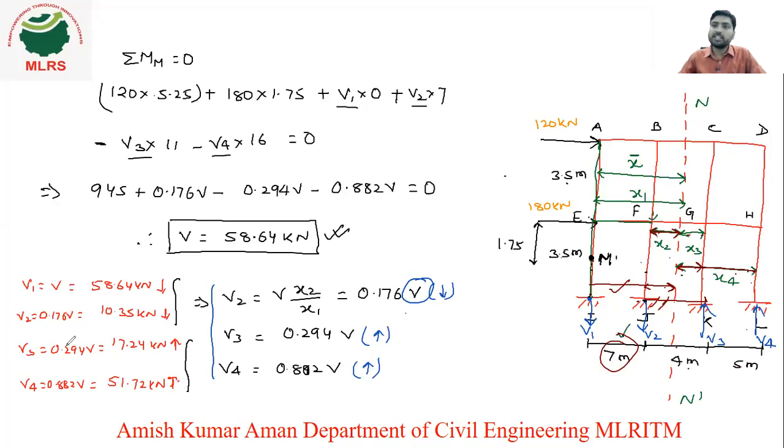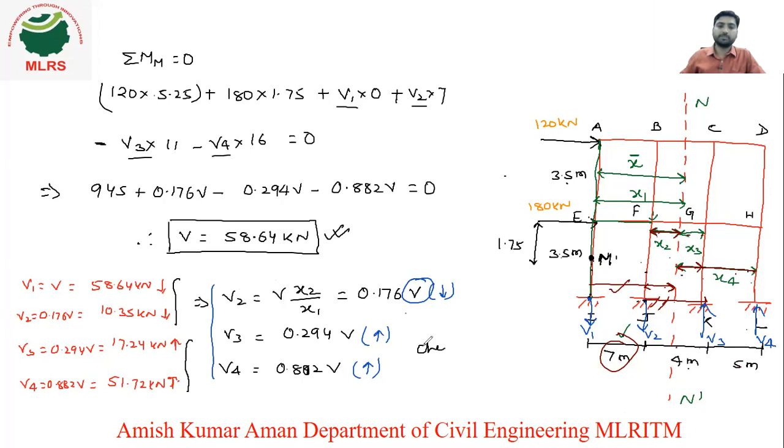So this V1 plus V2, if you add, this will be 68. From here also you will get 68 point something. So it is nearly equal. It means the procedure we have followed is correct. We can move to the next step.